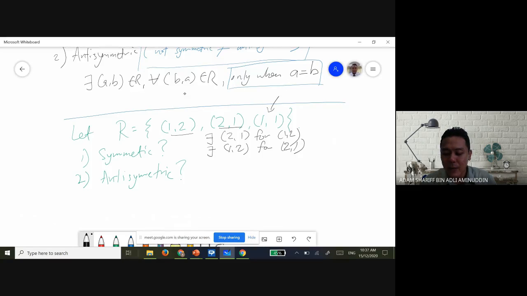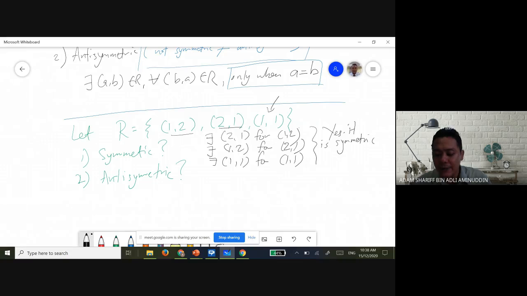Okay. Now we arrive at this one, 1, 1. There exists 1, 1, kalau kita terbalikkan, for 1, 1. So, for the first question, is it symmetric or not? Yes. It is symmetric. And my reasoning is already shown on the left, here.